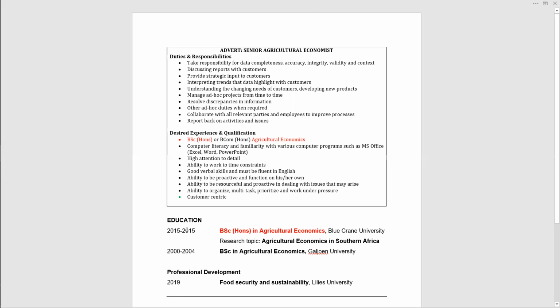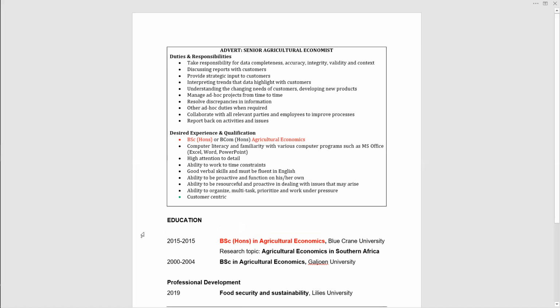Also please note that if you did your master's, it must be here above this, and if you did your PhD, it must be at the top. So that is the education section, and you are good to go.